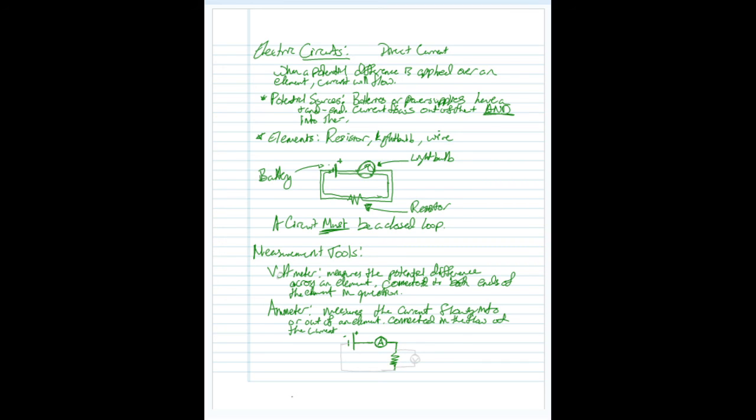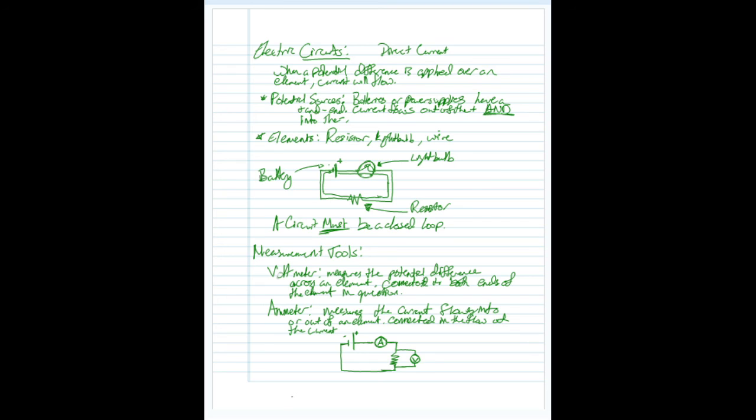And I want to know, how much does the electric potential drop in that resistor? I'm going to connect my voltmeter to both sides of this resistor, and that will tell me how much potential is lost in that resistor. In order for anything to actually happen, I have to close my loop so that my current can flow.